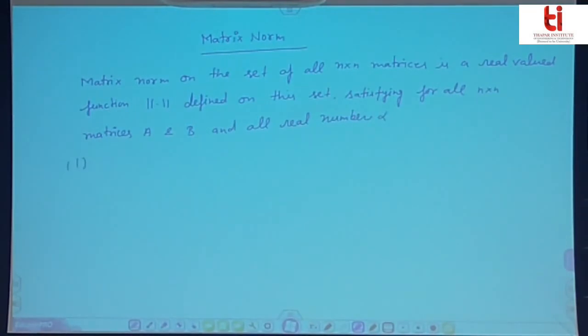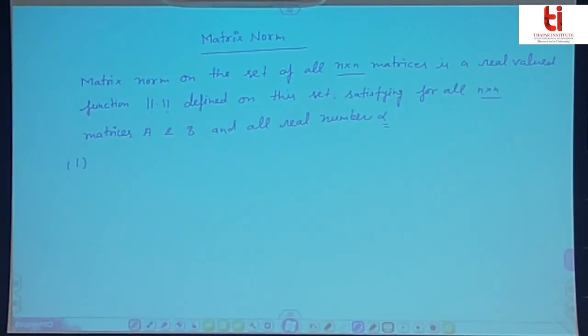So matrix norm on the set of all n by n matrices is a real valued function defined on this set, satisfying for all n by n matrices A and B and for real number alpha.